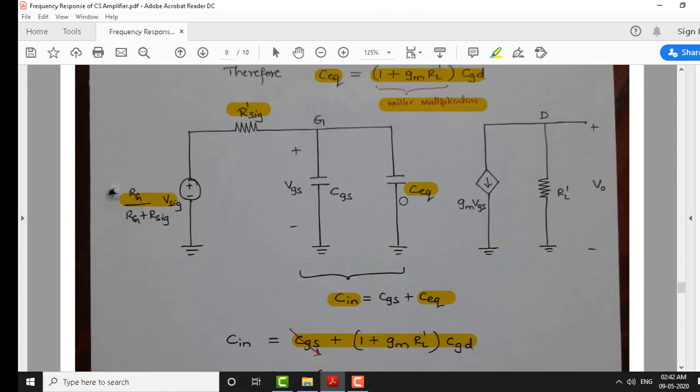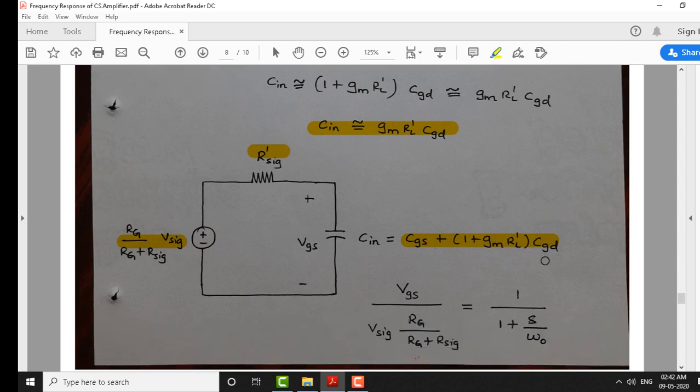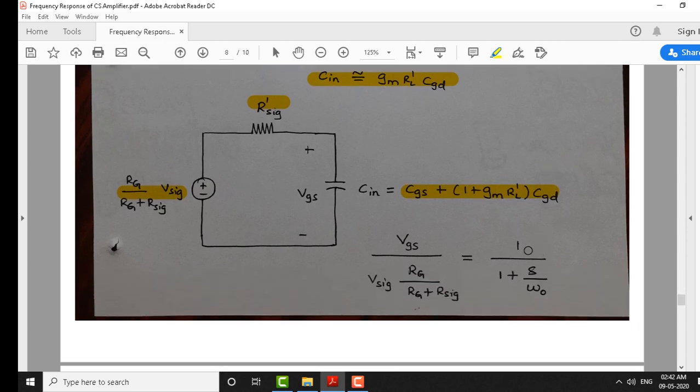The same capacitance we have shown as C in, the input capacitance, which is given by CGS plus 1 plus GM RL dash into CGD. Now here we can obtain the expression for the output voltage by the input voltage. This can be equated to the high frequency STC model that we discussed in the very beginning.